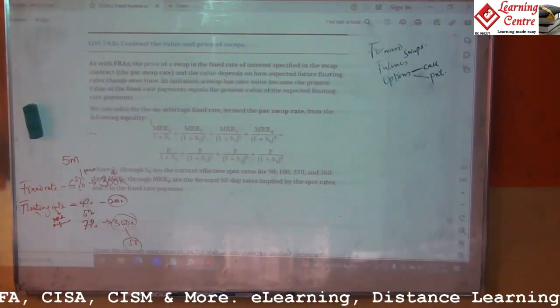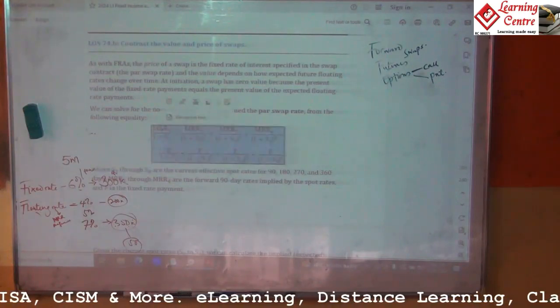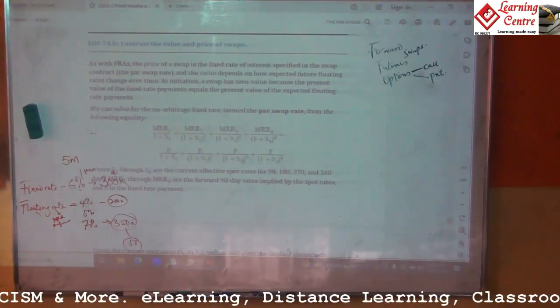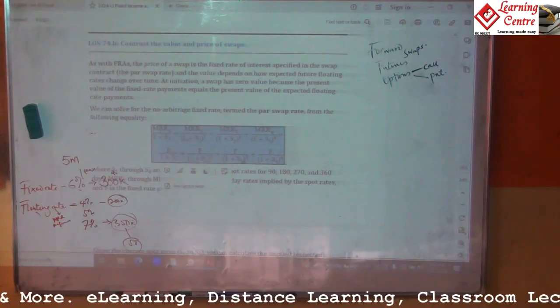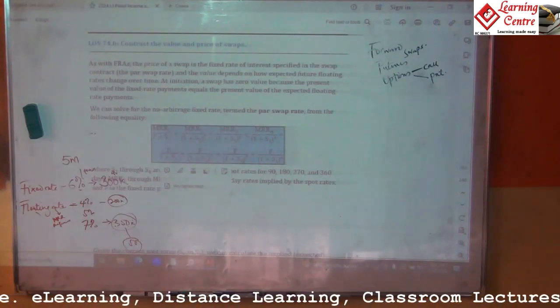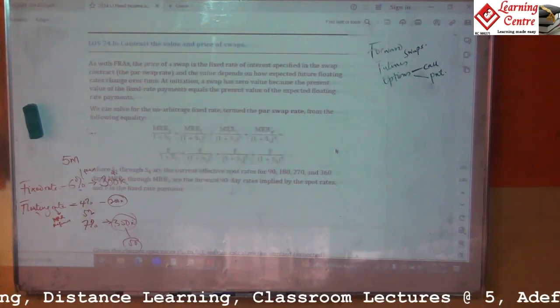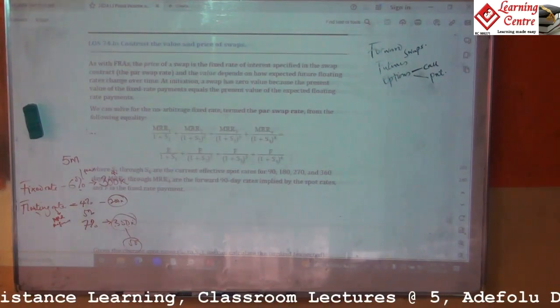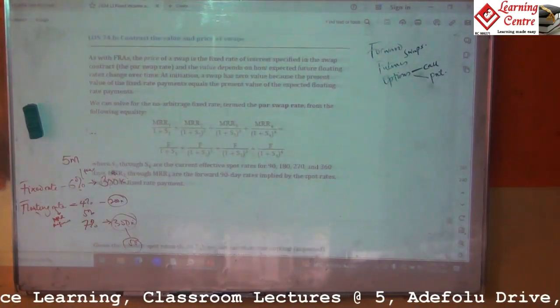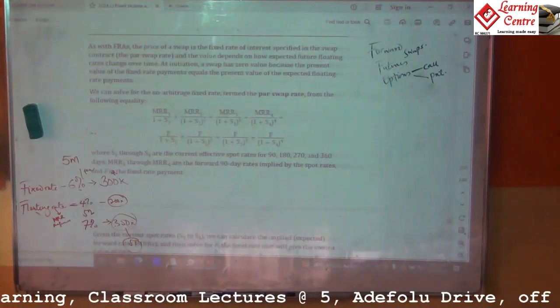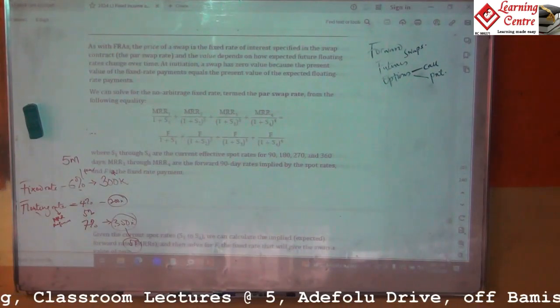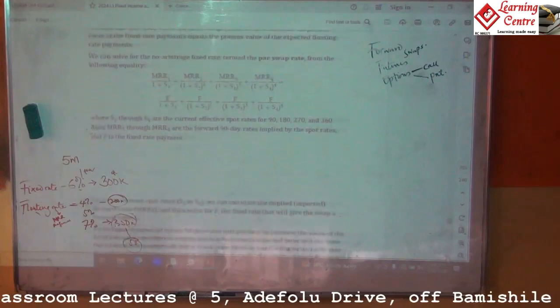So you don't need to solve this, but what this is just trying to prove is that the reference rate for each year should be equal to the discounted forward rate. You don't need to calculate this, but that's just what this is trying to say. It is still trying to prove that value and price are similar to the forward contract.